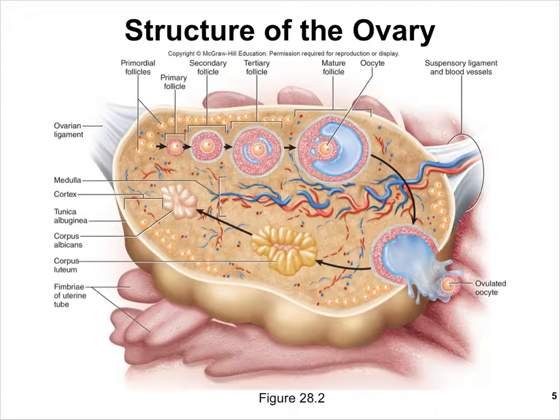So let's talk about the structure of the ovary and the process of oogenesis and what's called follicle development. Now, this is going to be a bit different than it is in males.